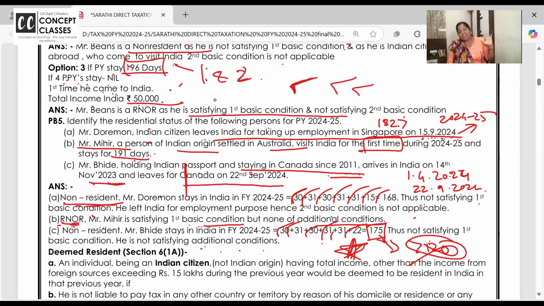Then also you go into it. Indian origin, yes. More than 120 days in India, yes, 175 days. And do you have total income above 15 lakhs? Yes. Then go into that. Once again, Bhide, in the current year you are in India for more than 182 days? No. You're a non-resident. Done.